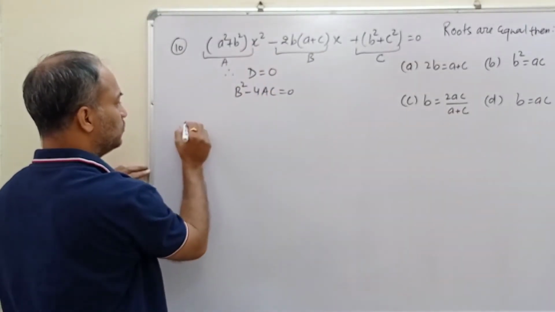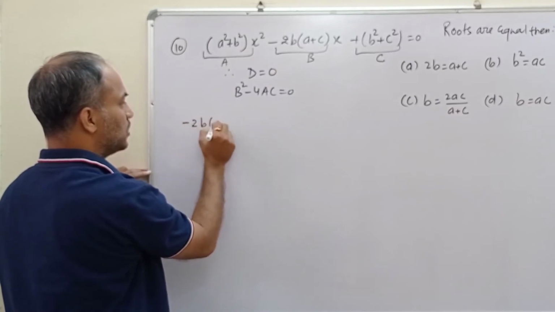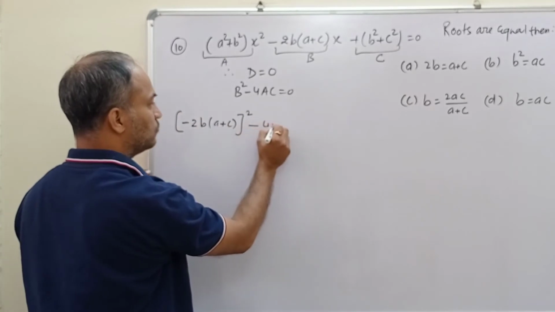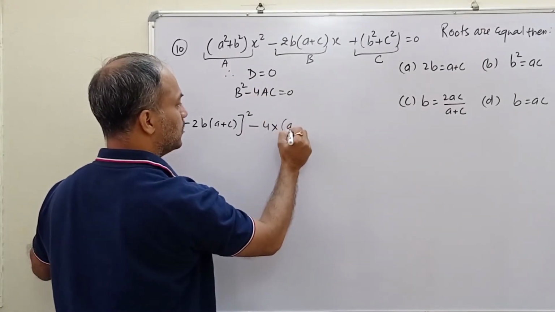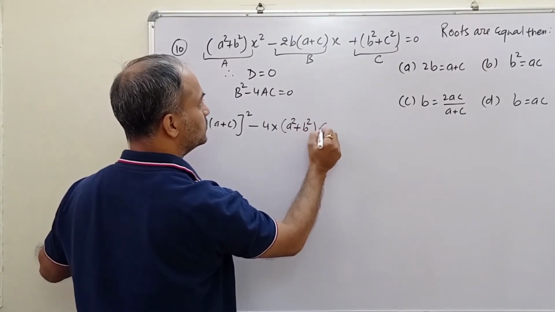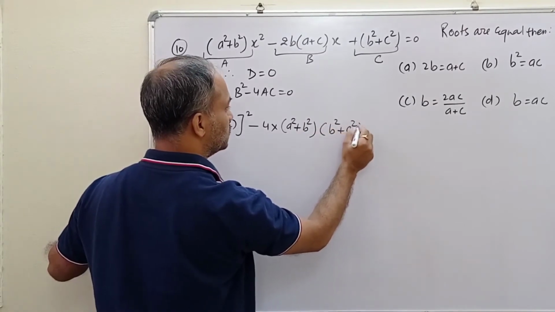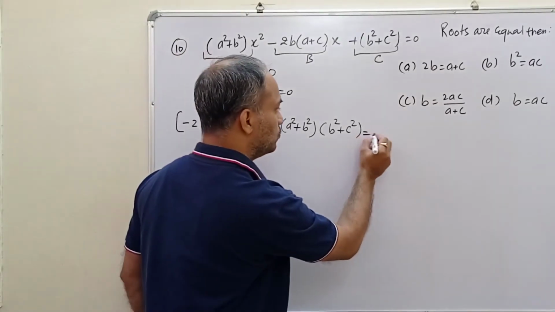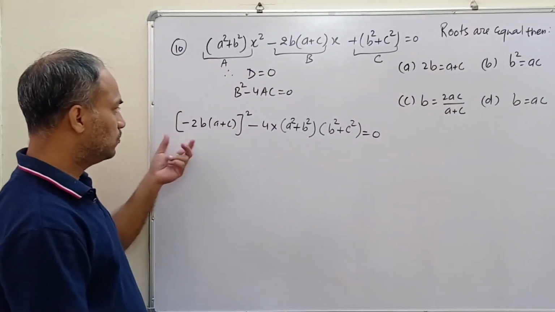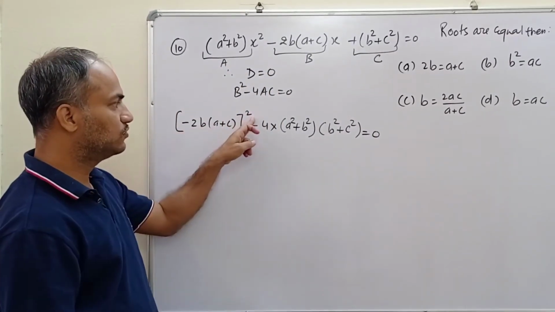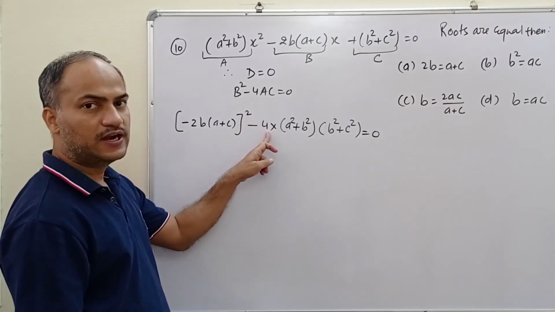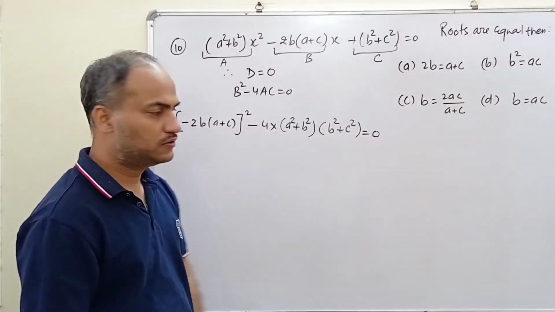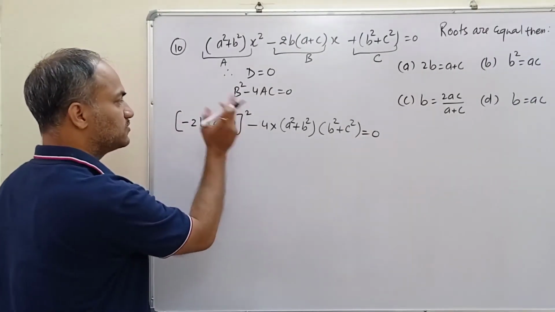Let us put the values: minus 2b(a plus c) whole square, minus 4 into ac. A is a square plus b square and c is b square plus c square. Okay, so this value is equal to 0. Now let us square. 2 square is 4 again here, and here we get 4. So 4 and 4 we can throw out, divide by 4, and minus square becomes plus.